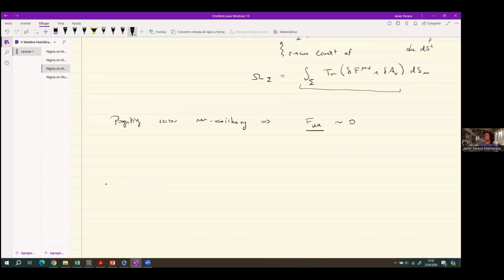So this will be like R^0, because you want to receive radiation at null infinity. Since you have this fall-off for F_uA, you can translate it to fall-offs in A_u and A_A, because they are related. And then you can use Maxwell's equations with an R expansion of the coefficients to solve recursively all the equations.